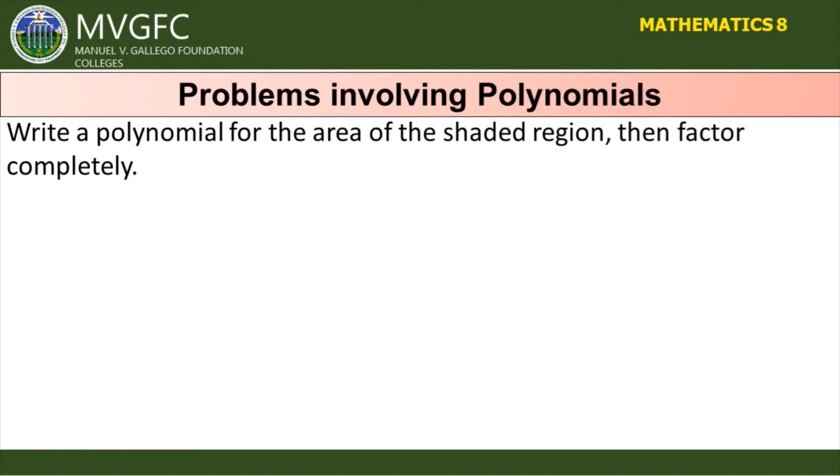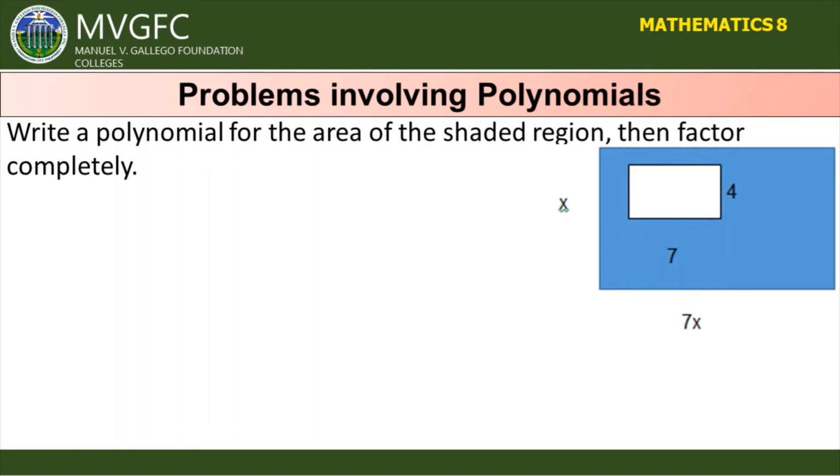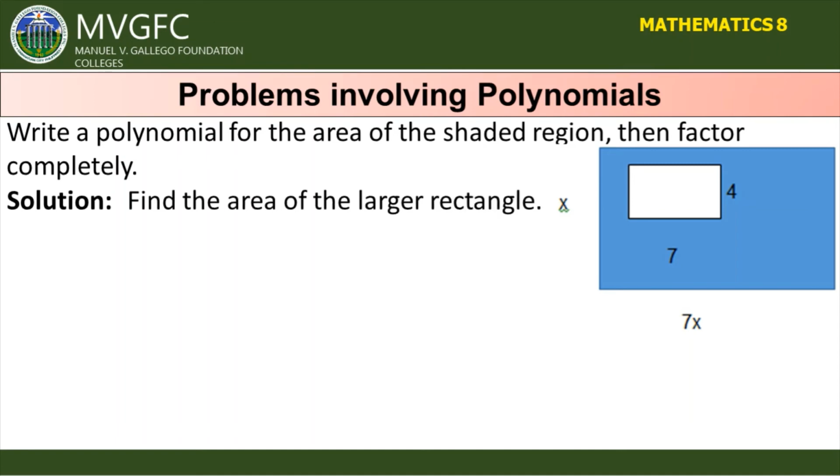Of course, as always, there's a problem solving involving polynomials. So let us see. All you need to do here is to write a polynomial for the area of the shaded region. Then factor completely. So the shaded region we have here, you can see on the slide. For our solution, we need to find the area of the larger rectangle.